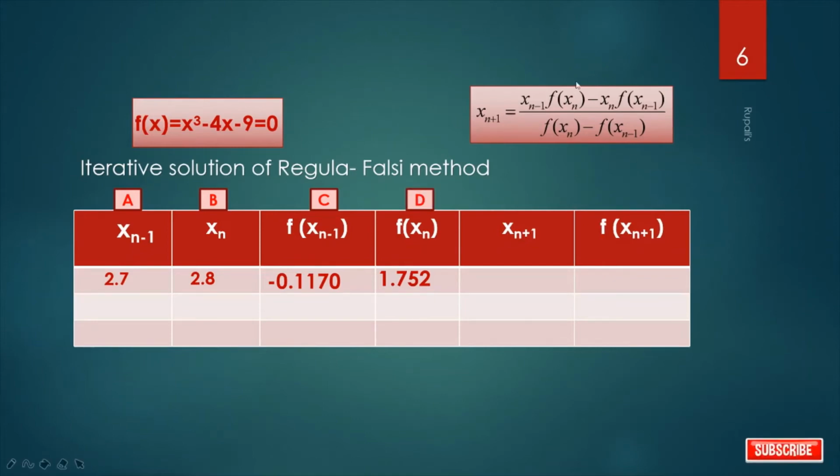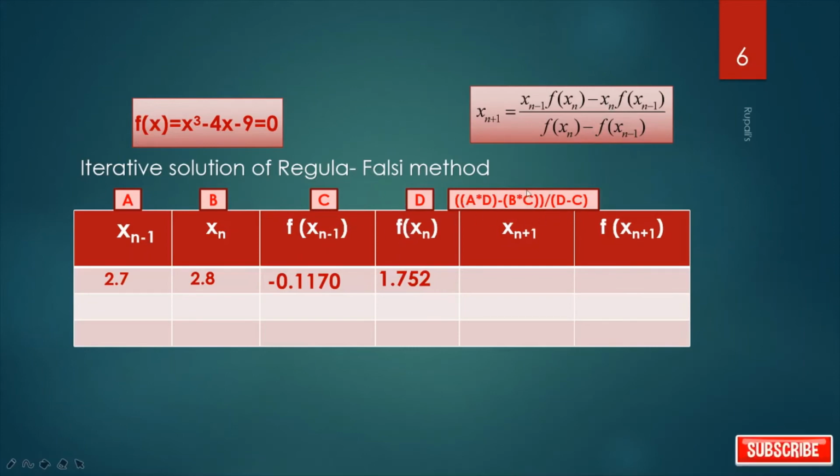According to this equation, xn plus 1 is xn minus 1 into f(xn), that is a into d, minus xn into f(xn minus 1), that is b into c, divided by f(xn) minus f(xn minus 1), that is d minus c.